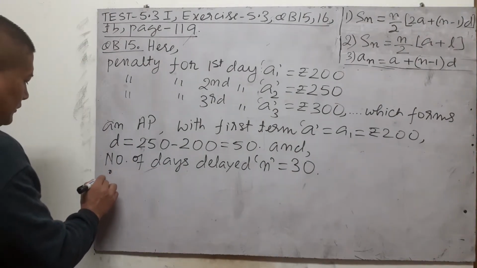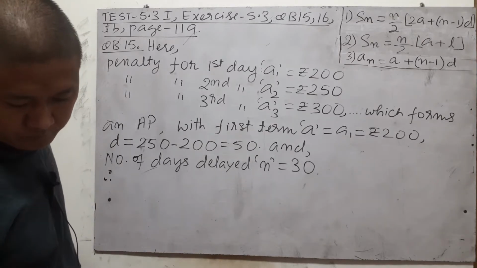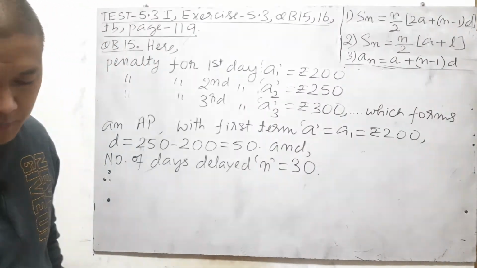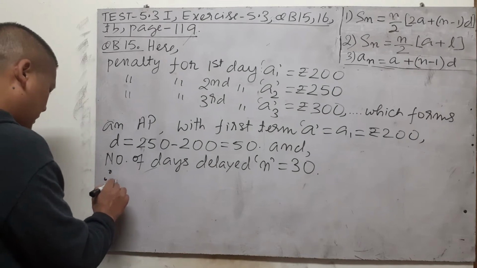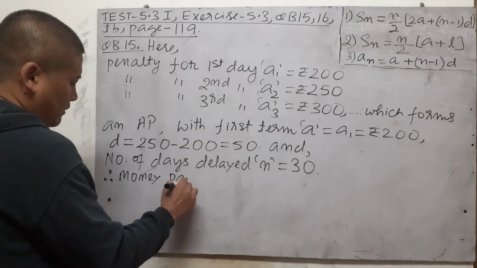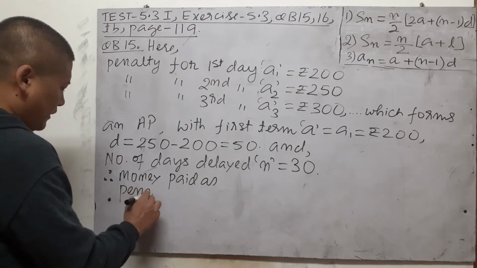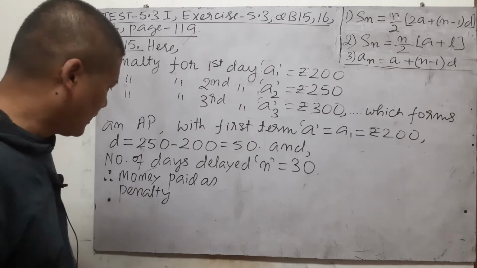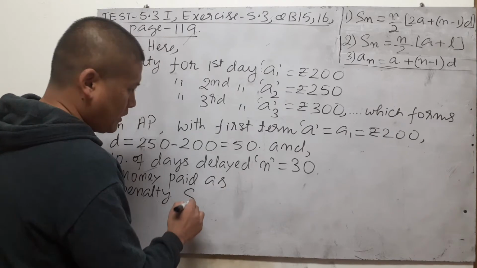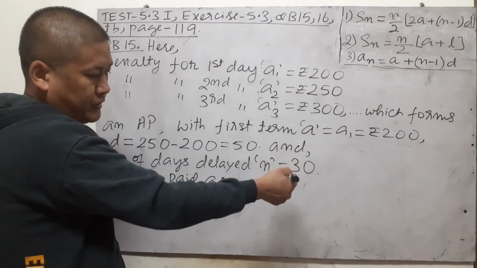Therefore, the last statement: how much money the contractor has to pay? Money paid as penalty for 30 days will be the sum of, since 30 days means A1, A2, A3 up to A30 will be there.